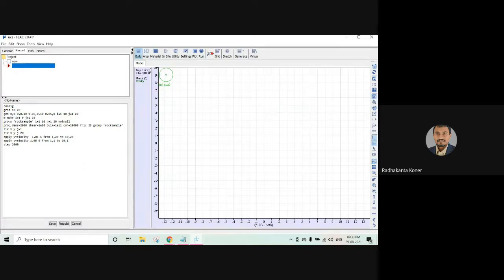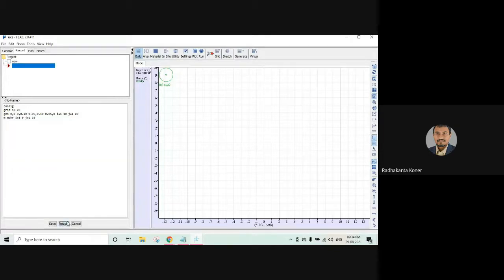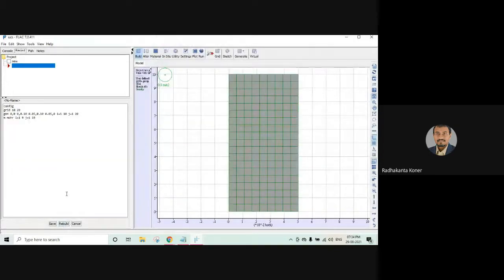Now our sample is 50 mm. It is a 2D sample, and the length to diameter ratio is basically 2 to 2.5. We have kept it as 2 here. So our dimension is 50 mm diameter and the length is 100 mm.